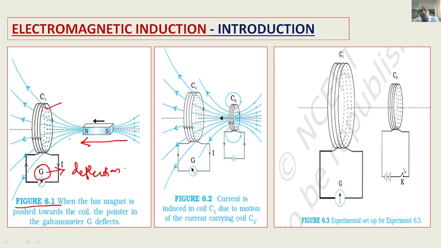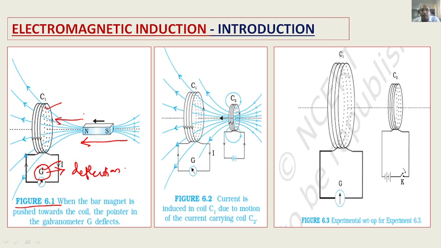So when the north pole of this magnet is moved towards the coil suddenly at some speed, deflection is found. It means an induced EMF is generated in the coil, which in turn has generated induced current.